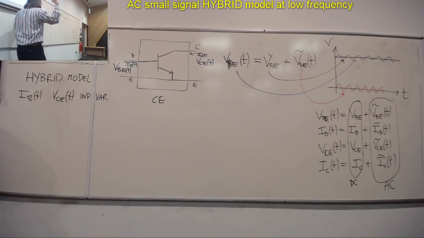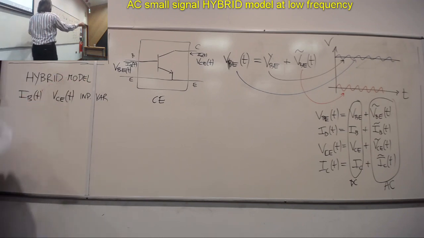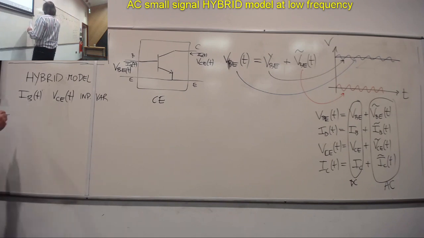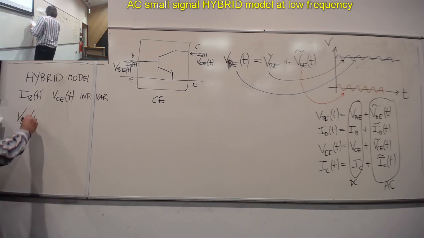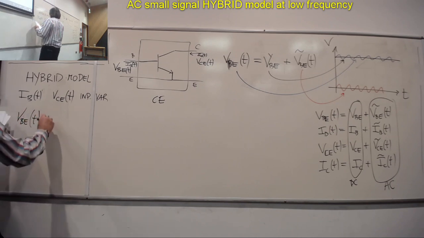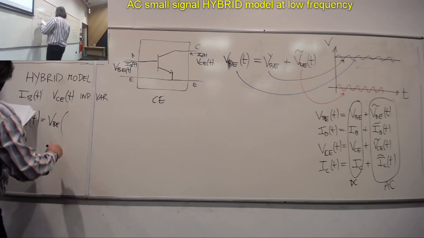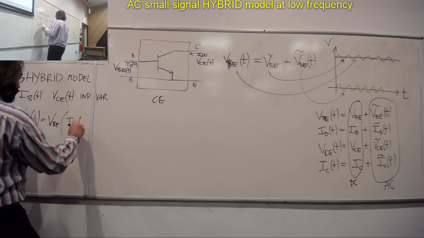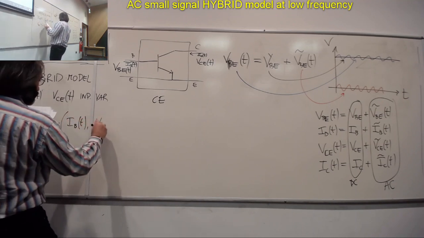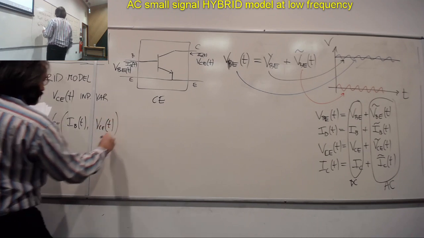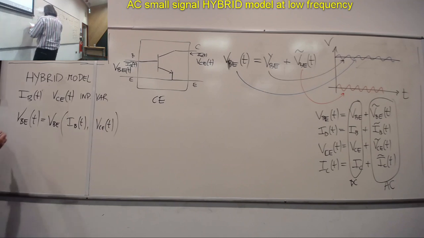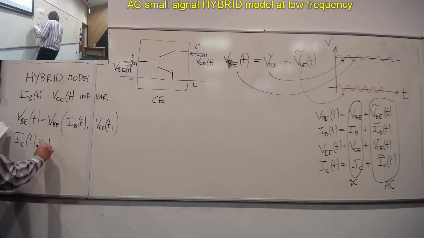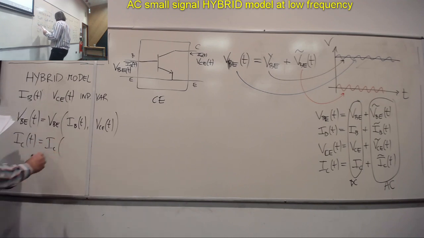If we are assuming that these two are independent variables, then we should agree that VB is a function of them, isn't it? And the same for the other one, IC, will also be a function of these.